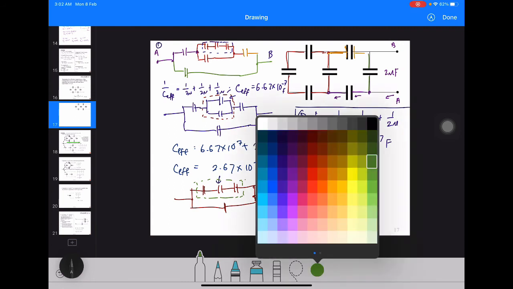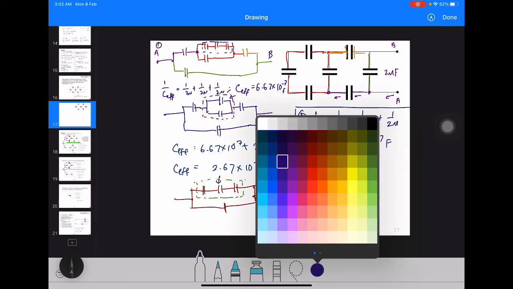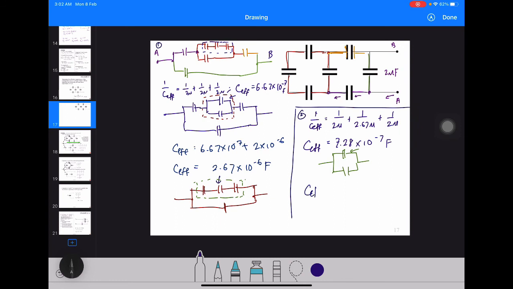Okay, because that one is simply two capacitors now in parallel. So the last one is the easiest part. C effective for the circuit would be 7.28 times 10 negative 7 plus 2 times 10 negative 6.